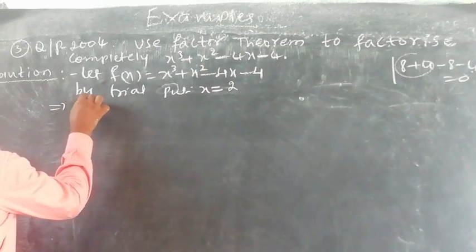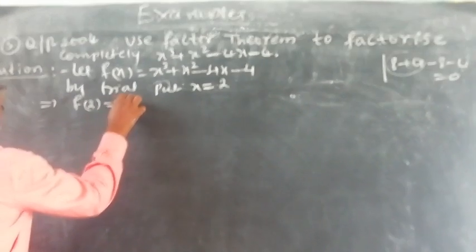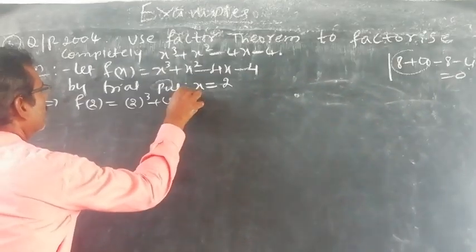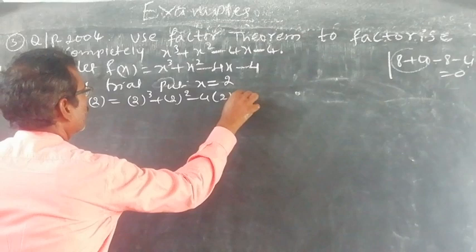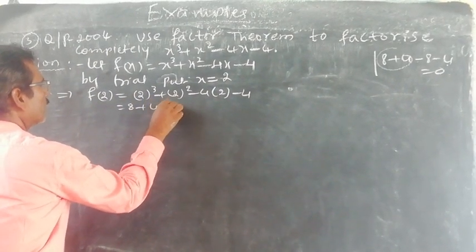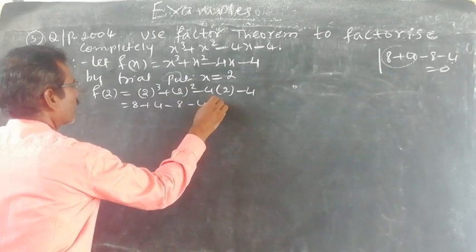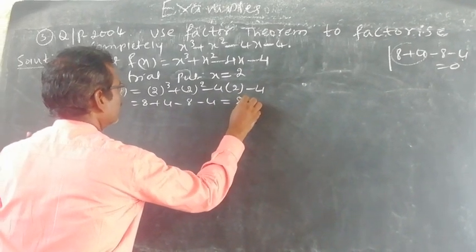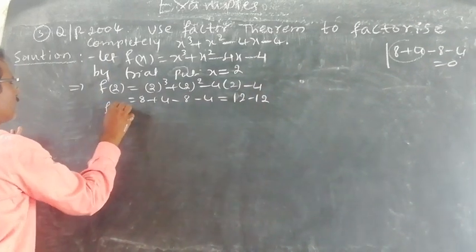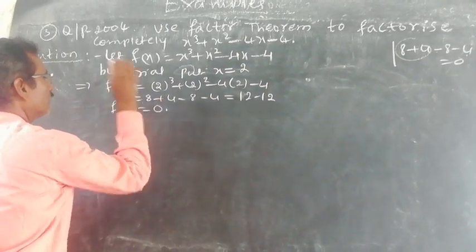Now this implies f of 2 is equal to 2 cube plus 2 square minus 4 into 2 minus 4. This is equal to 8 plus 4 minus 8 minus 4. This is plus 12 and minus 12. So f of 2 is equal to 0.